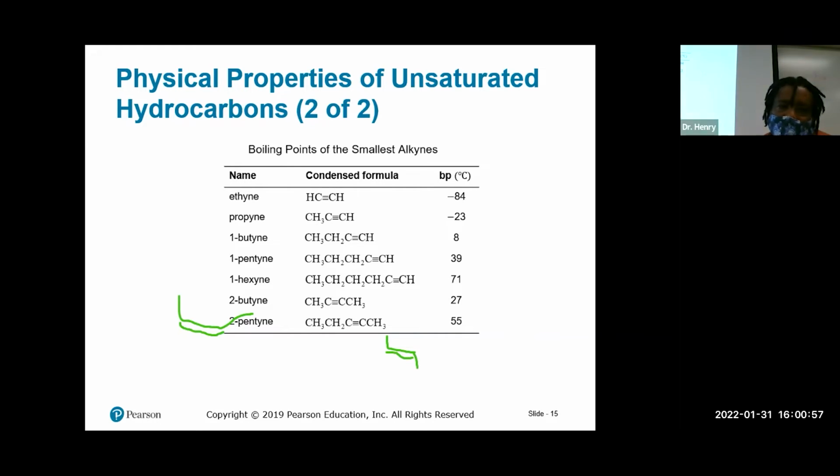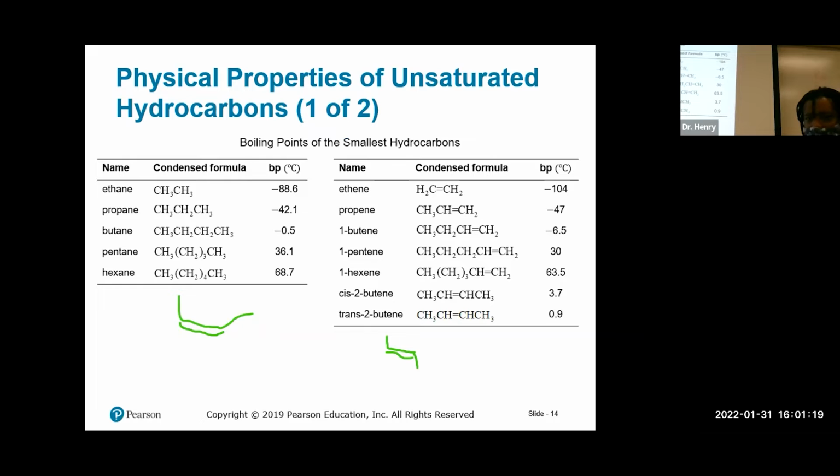Okay, so this basically is just showing you the case of the triple bond, right? And so we have 2-butyne. We compared that, if we go back and compare that to the other two values, right? One was 0.5 and one was like negative something, right? I can't remember. I'm old. Sorry, 3.7 and I'm way off, and 0.9.